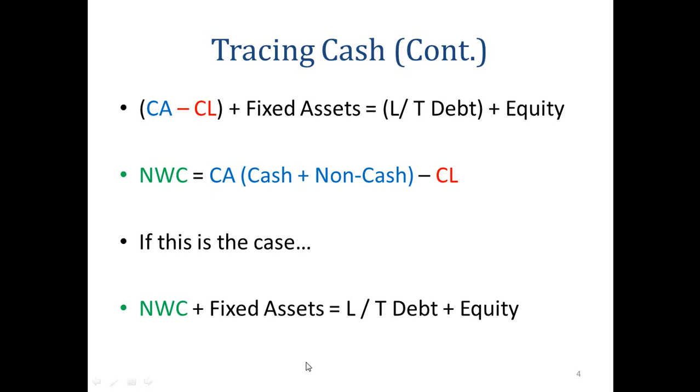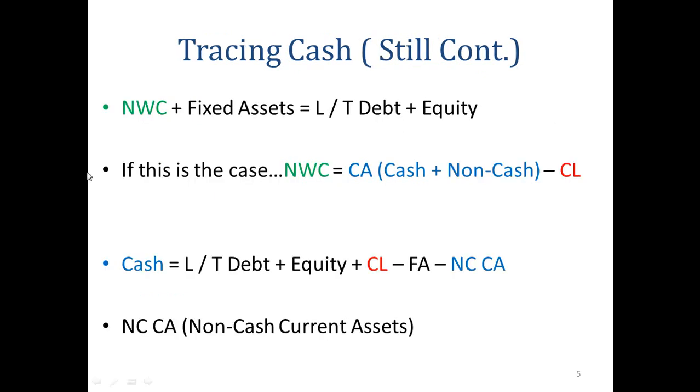So now we've rewritten it as net working capital plus fixed assets equals long-term debt plus equity. I've just rewritten this from the slide before. Now, we know that net working capital is CA minus CL.